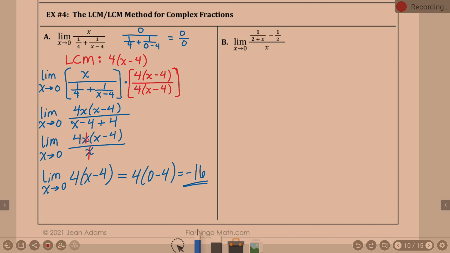And then plus, and now this time, you can think of this as over 1. 1 over x minus 4 times 4x minus 4 over 1. This time the x minus 4 cancels, and we're left with the plus 4. Should I write it out, or are you seeing it?